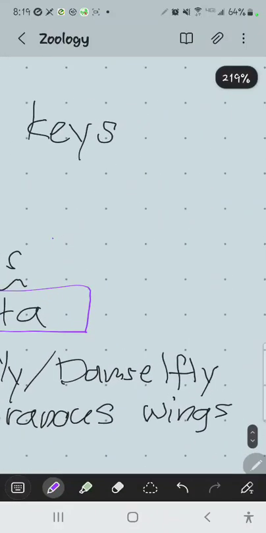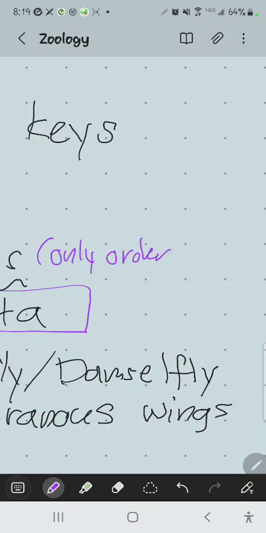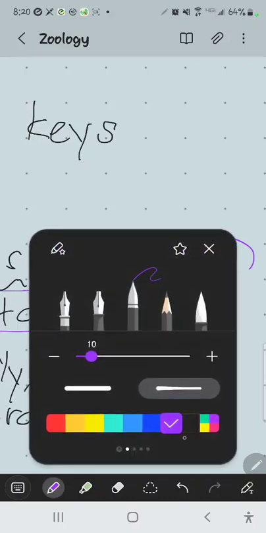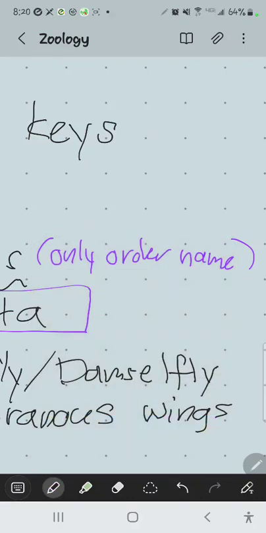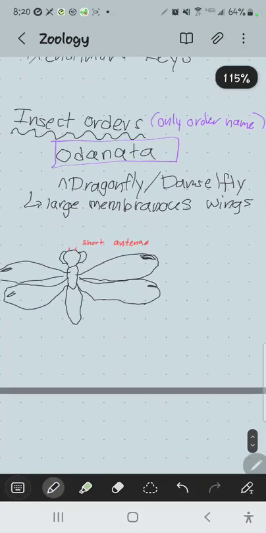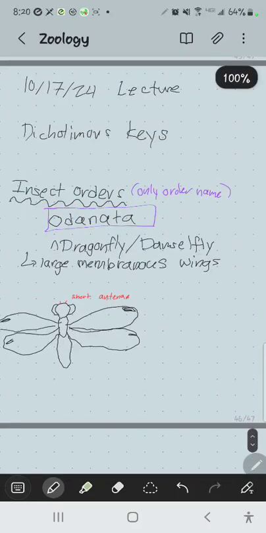Another common order that you might run into is the Orthoptera. Most insects have this epithet on their name called ptera, P-T-E-R-A.